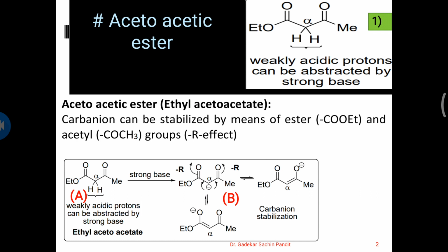This anion is stabilized by resonance or the minus R effect to give the enolate form. So there are two different types of enolates formed.